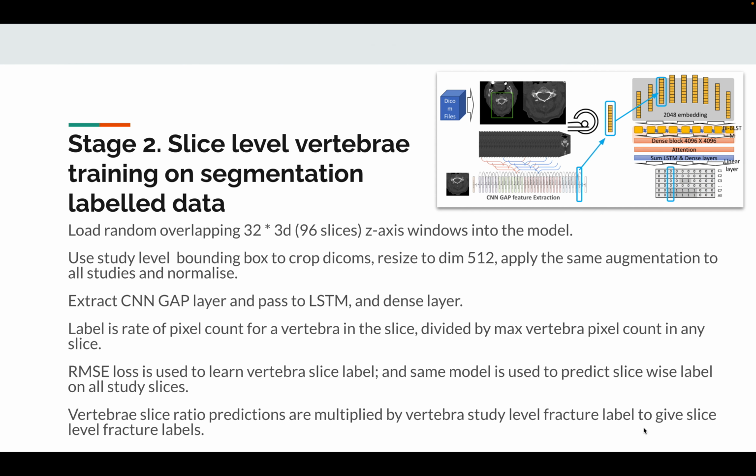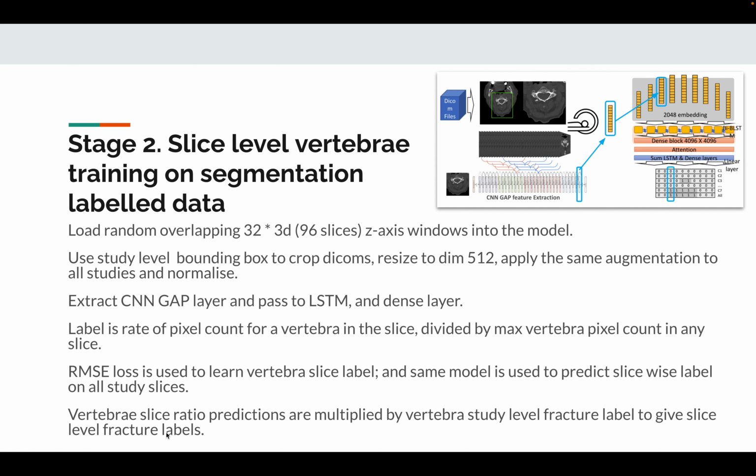So at this stage, what we've learned for all the data is the vertebrae slice ratio predictions, so for each slice, what ratio of the vertebra is in there, and we also have whether that vertebra is fractured or not, as a ratio number.